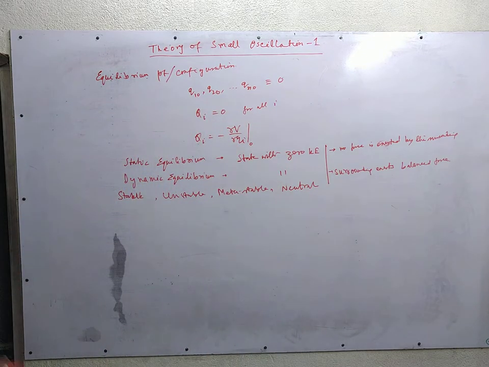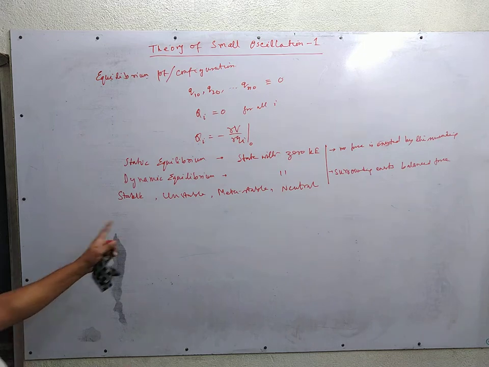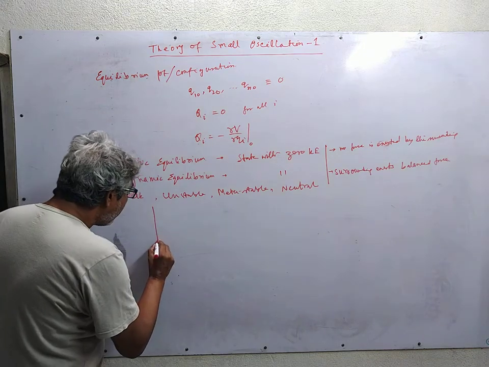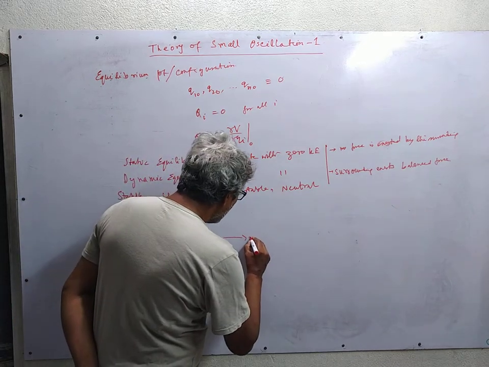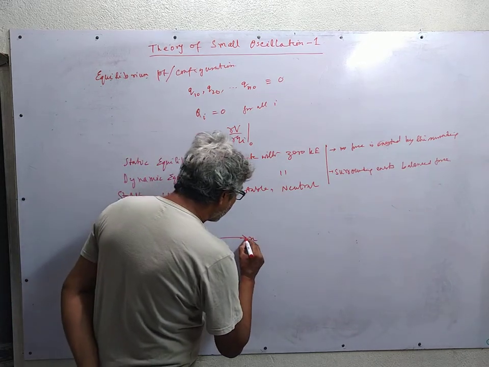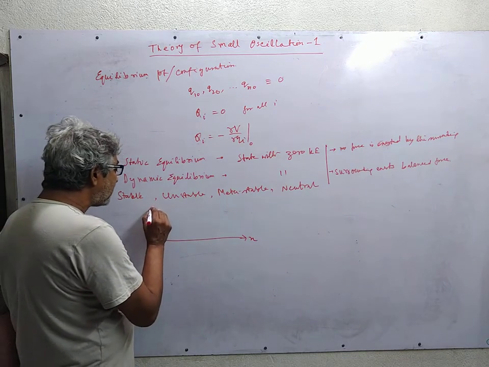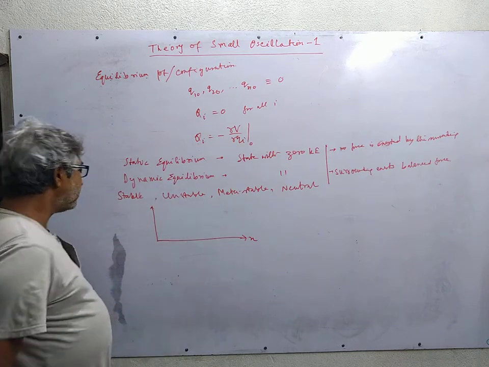Let us distinguish between all these in terms of potential. Say we have a conservative system. To keep the discussion simple, we consider a system with one spatial degree.